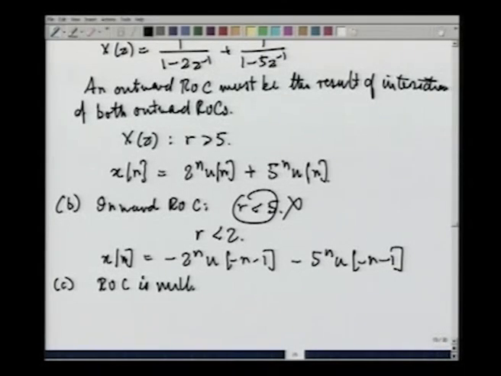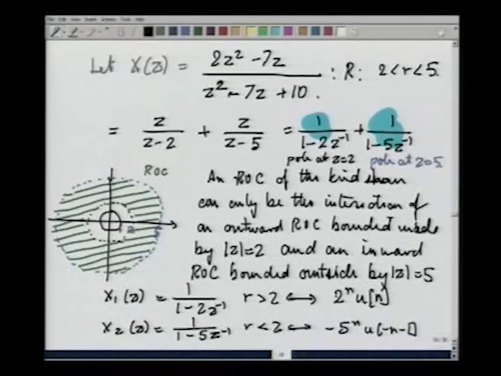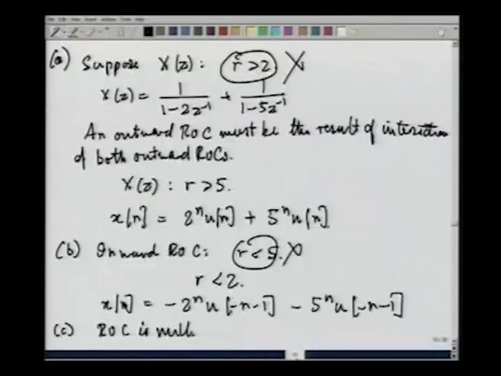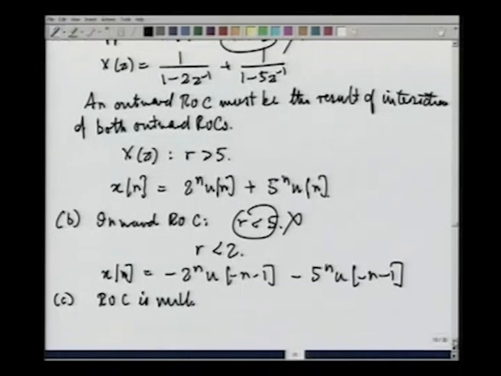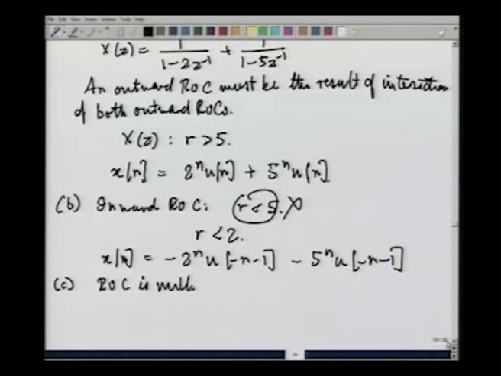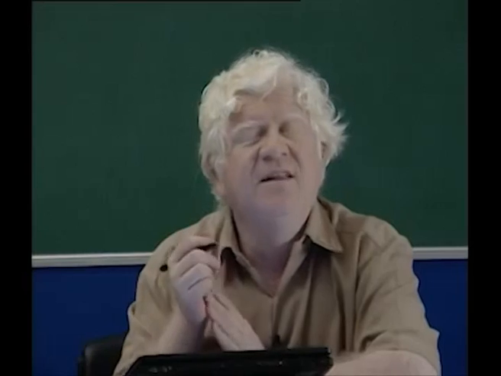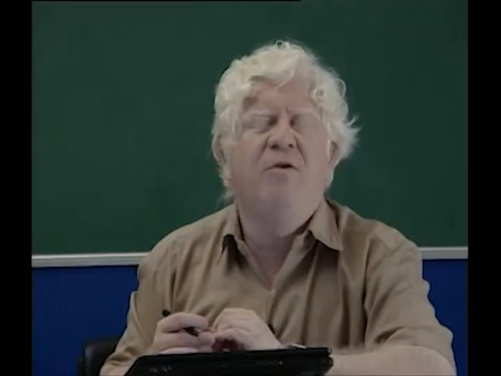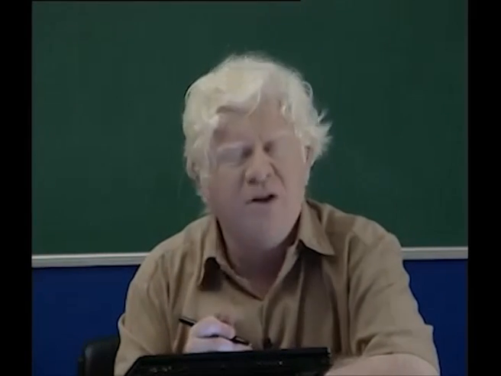Interestingly and almost humorously, even when we are told that the Z transform does not exist, so long as we are given the expression, namely 2z square minus 7z by z square minus 7z plus 10, and told that the ROC is null, we can still invert it. We need an inward ROC for X1 and an outward ROC for X2.